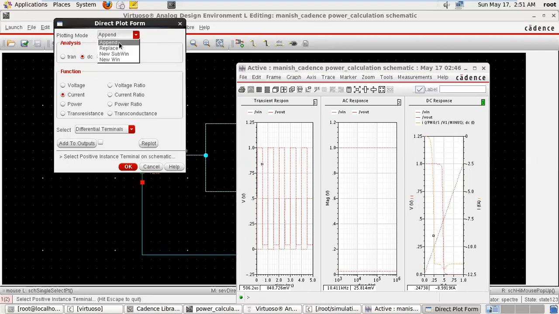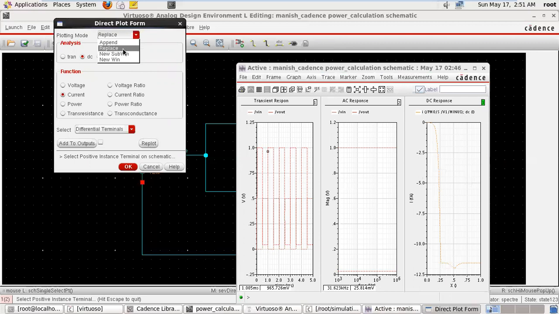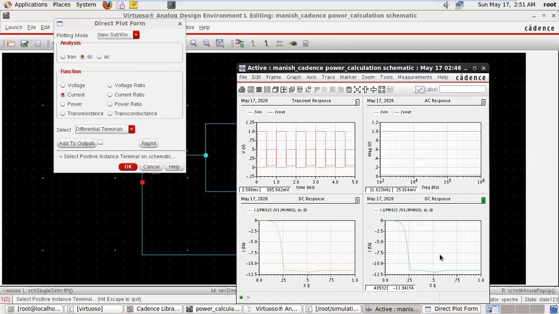If you use replace, then it will replace the DC value in the existing DC window on replot. When we are using the new sub window replot, then the plot is drawn in the new sub window. So using this plotting mode depends on what mode you are selecting there.